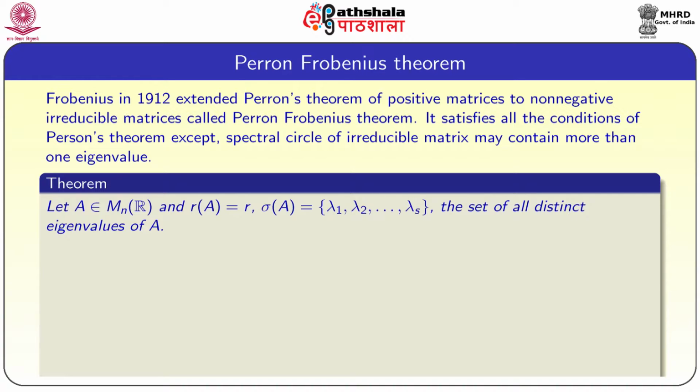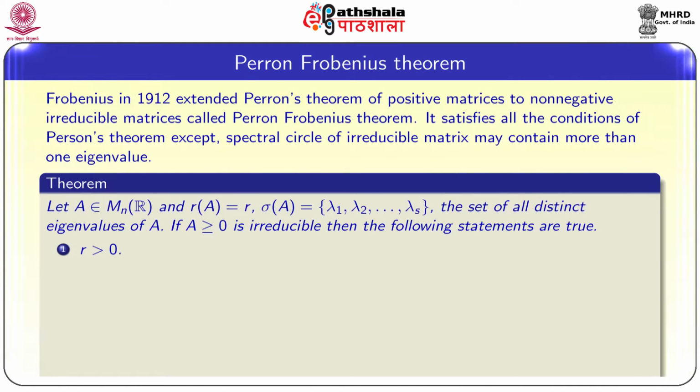By irreducible matrix we mean it is already a non-negative matrix and it is irreducible. Let A belong to M_n(R) and R(A) equal to r, and sigma(A) equal to {lambda_1, lambda_2, and so on, lambda_s} be the set of distinct eigenvalues of A. If A is greater than or equal to 0 and irreducible, then the following statements are true. That means this theorem is applicable for non-negative irreducible matrices. So the spectral radius is greater than 0, this is the same as for Perron's theorem.